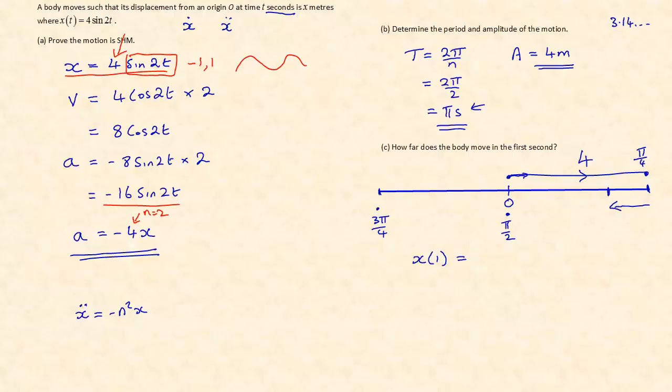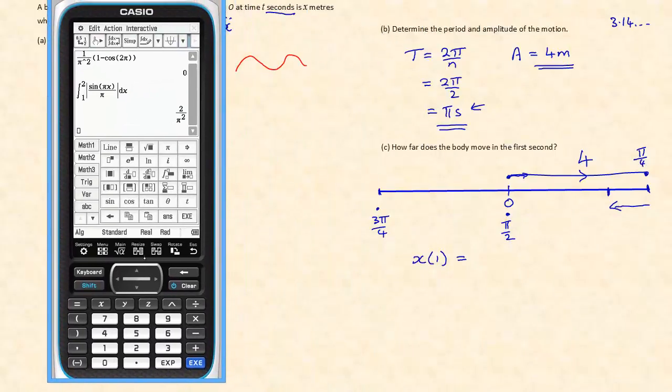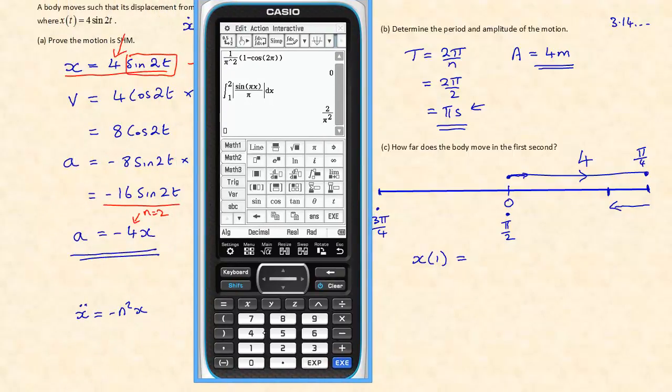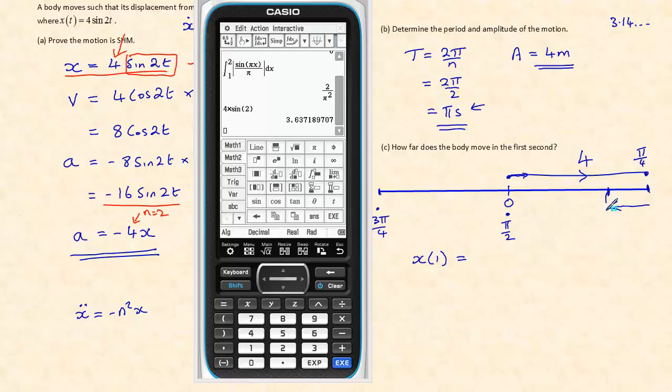So we want x of 1. So we need to be in radian mode, which we are. Let's go for decimal. And x of 1 then is going to be 4 multiplied by sine 2. So that's 3.64, we'll call that. So this is 3.64.